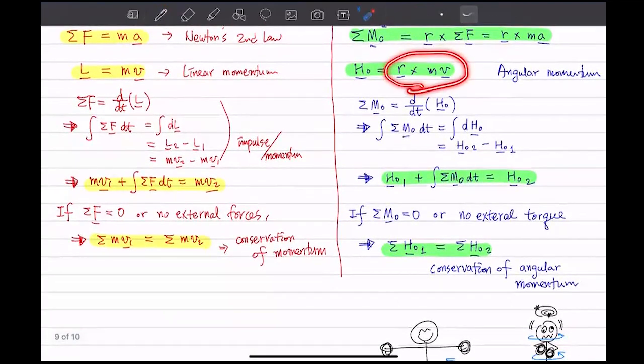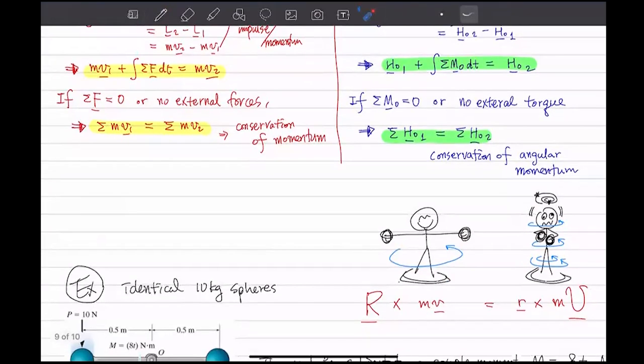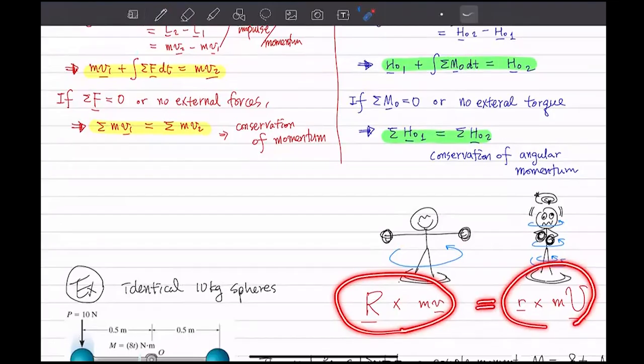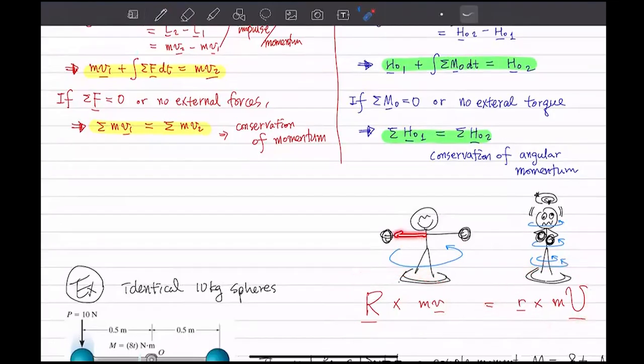R times mv, that's the angular momentum, right? So the angular momentum before and after are going to be the same. If you have an R that is large, so your particles are far from your axis, then your rotation speed is going to be relatively small.